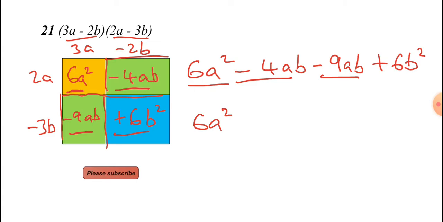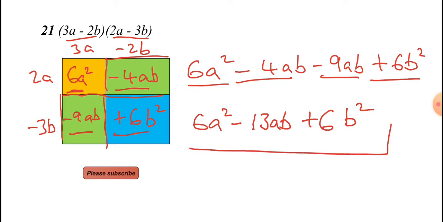I was already at minus 4ab, and then I'm going to take another 9 lots of ab away, so it's going to be minus 13ab. And then there's the plus 6b squared. So the final answer is 6a squared minus 13ab plus 6b squared.